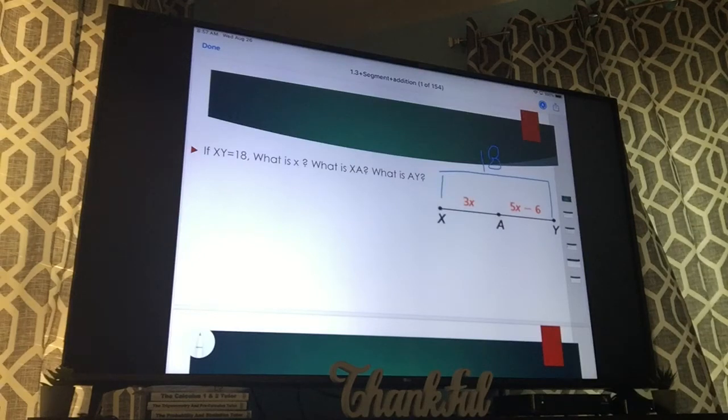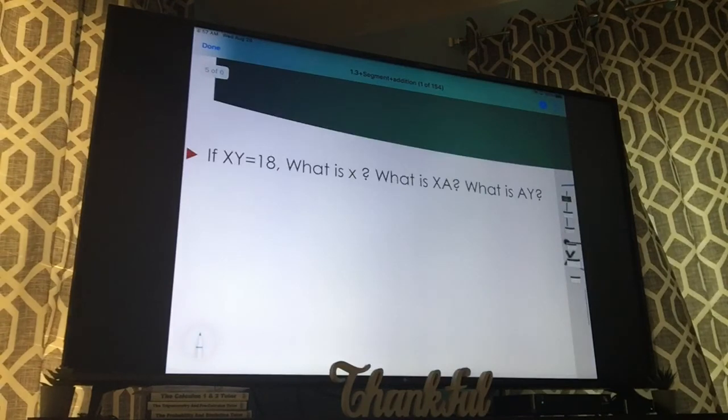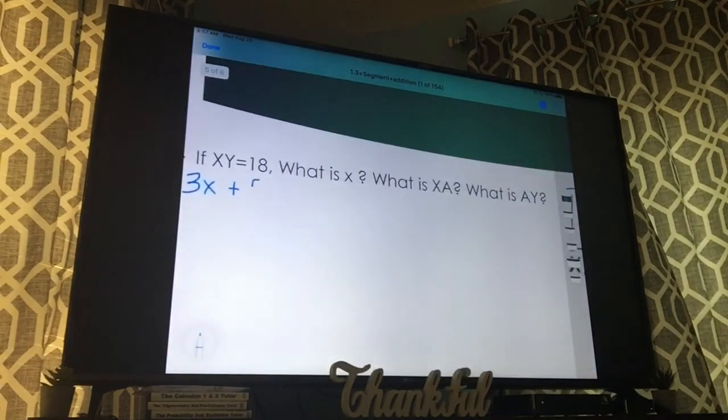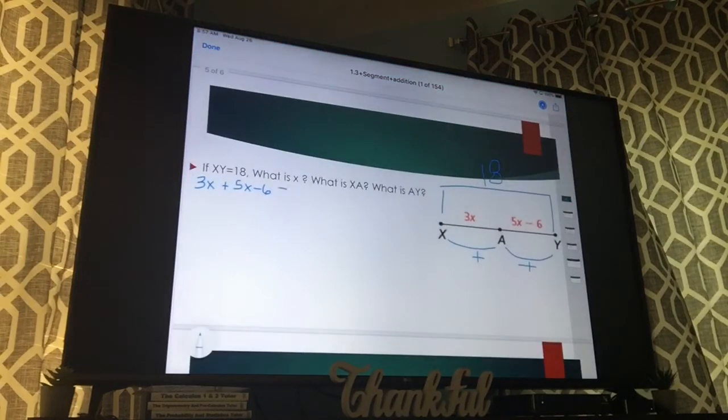Okay, so if we're trying to solve our x, we know that if we take this one plus this one, it should equal the 18. Okay, so we got 3x plus our second segment is 5x minus 6 equals a total length of 18.